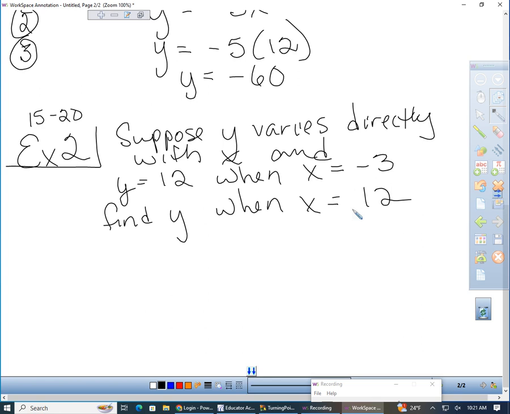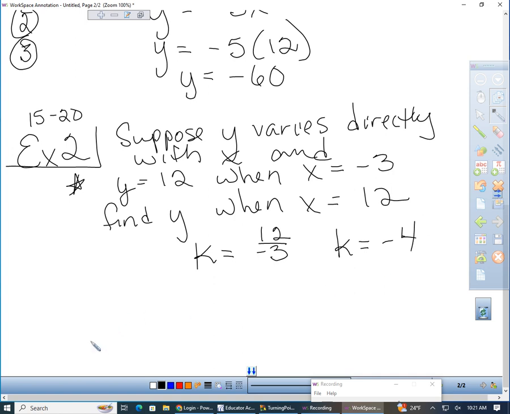All right, so this first line where it says suppose y varies directly with x, that's just telling you how you're setting it up. That tells you that you've got to have that k and all that's going on. So we're going to start with this first line. That first line helps us find k. K equals y divided by x, or k equals what? Thank you, negative 4.